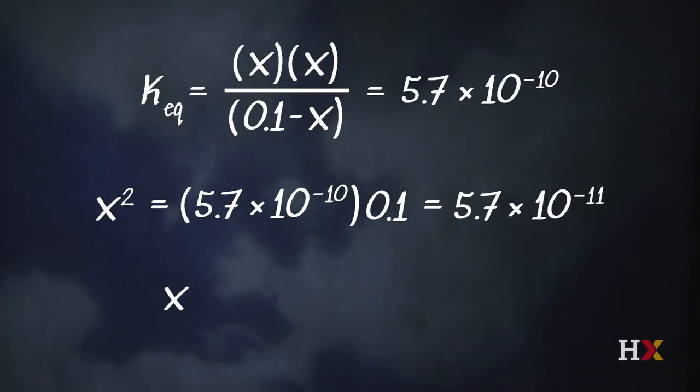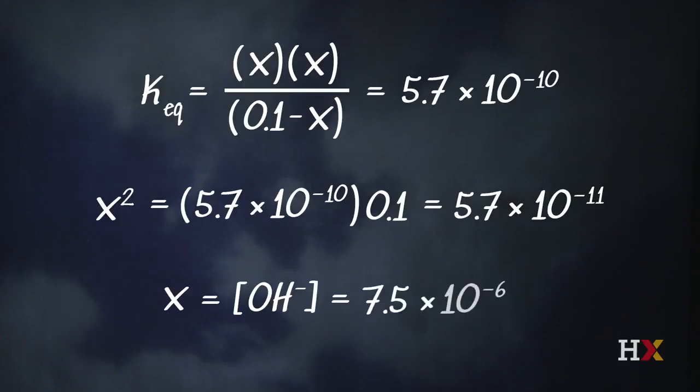And that gives us X, which is a calculation of the concentration of the hydroxide anion, and that turns out, when we take the square root of 5.7 times 10 to the minus 11, to be 7.5 times 10 to the minus 6 molar.